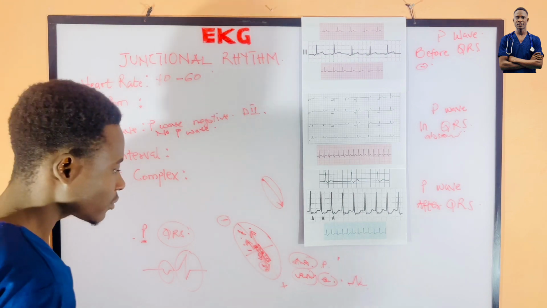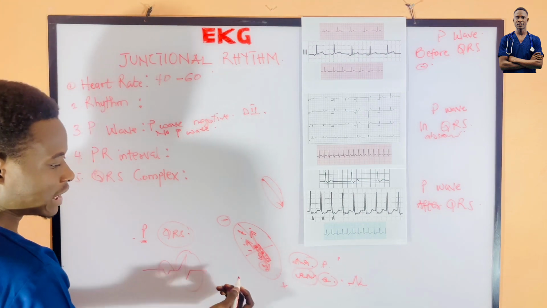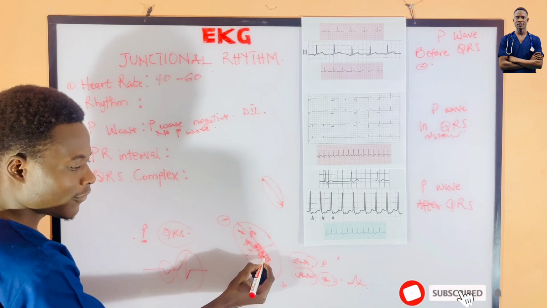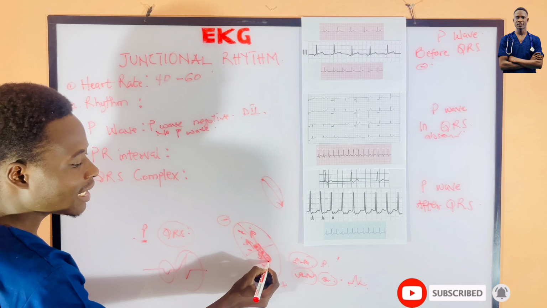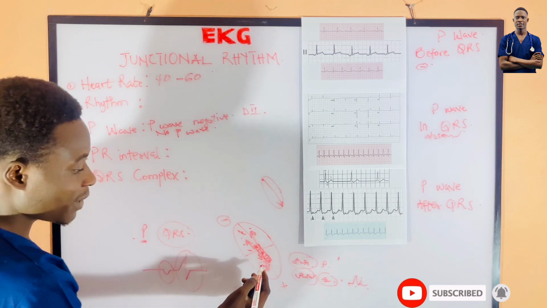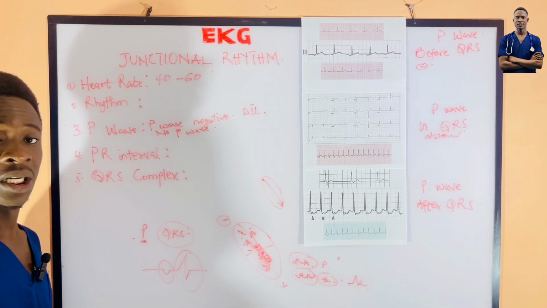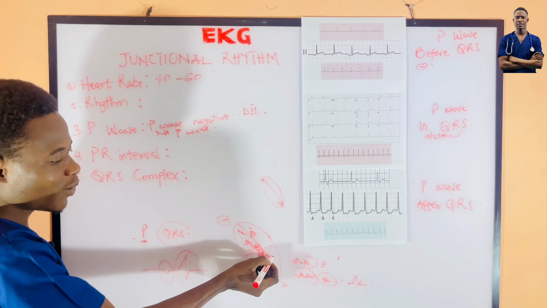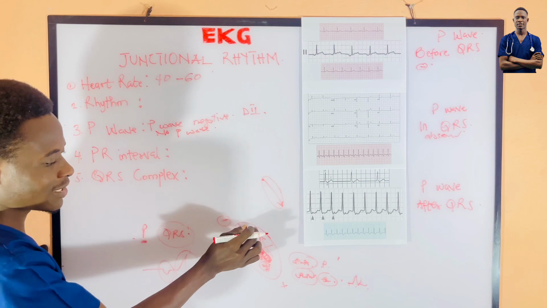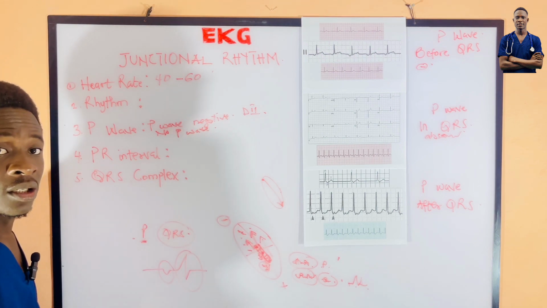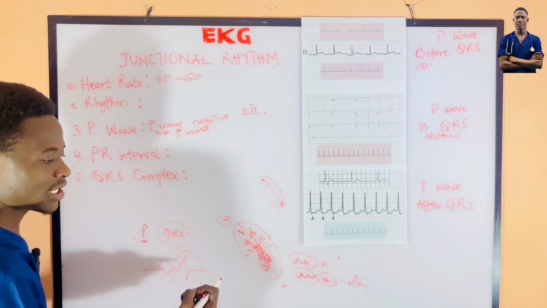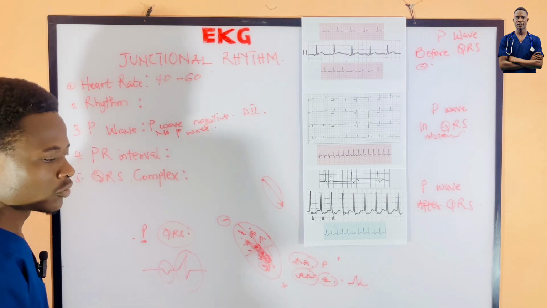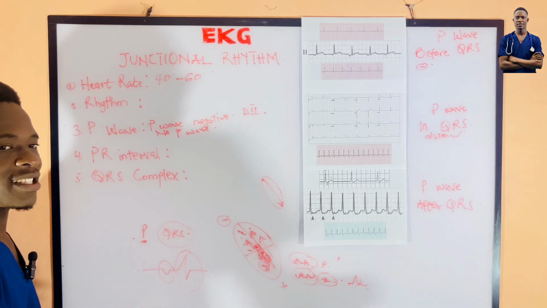Now let's come to the next one. We have a condition in which the electrical impulse generated will be forming at the latter part of the AV node. And when it forms at the latter part of the AV node, it will take a long time before it reaches the atria, so that the atria contracts. And then it will take a shorter time to depolarize the ventricle.